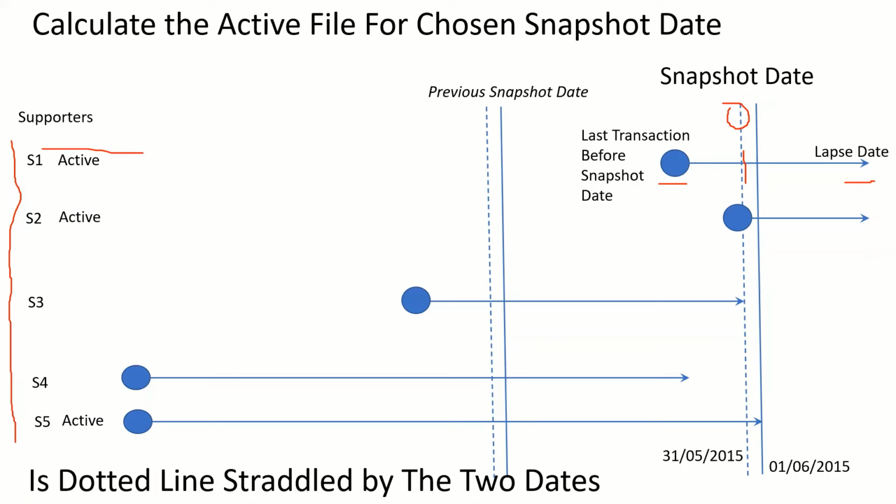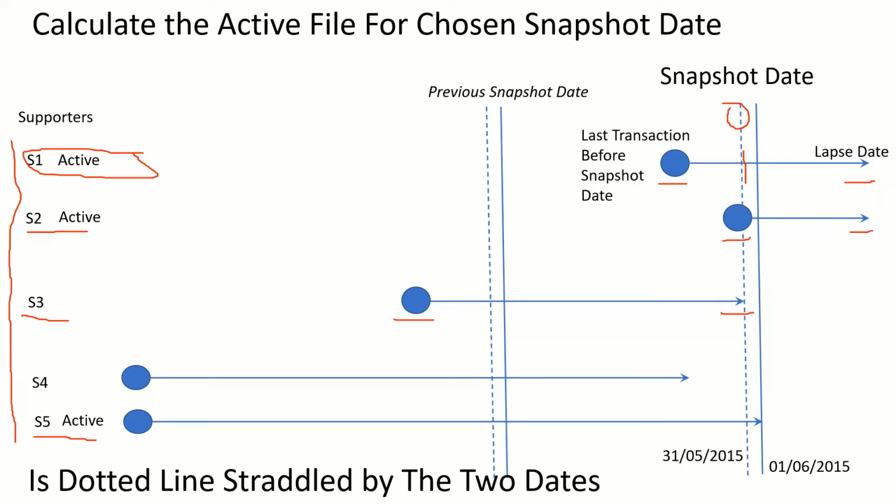So supporter 1 is the classic example. Supporter 2 and supporter 3 are the edge cases. Where the transaction date was on the dotted line and the lapse date was after the dotted line, they should be considered active. But where the transaction date was before the dotted line and the lapse date was on the dotted line, they shouldn't be considered active.